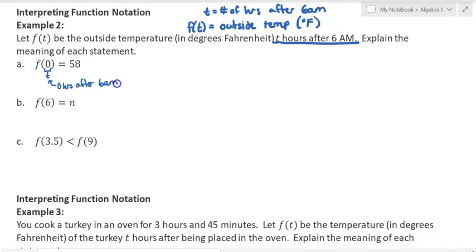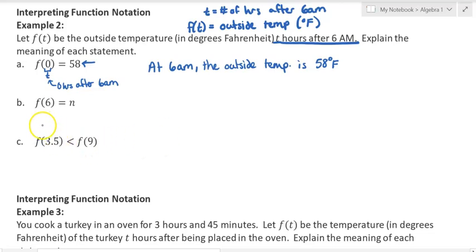If it's 0 hours after 6 a.m., then it is at 6 a.m. And then this is the output, which is the temperature in degrees Fahrenheit. So at 6 a.m., the outside temperature is 58 degrees Fahrenheit. And that's what that statement means.